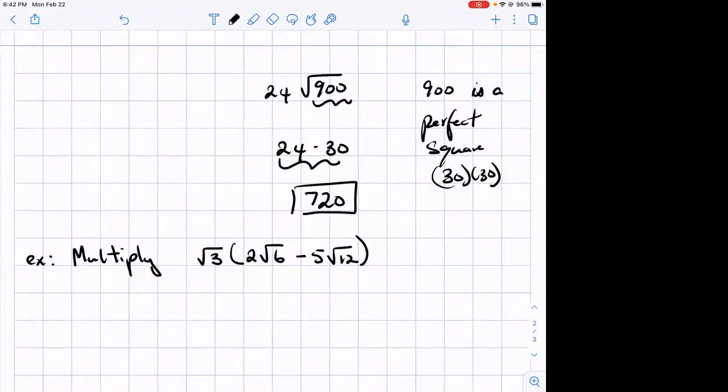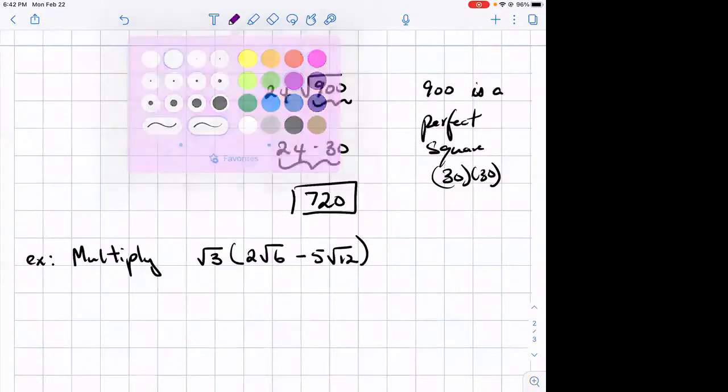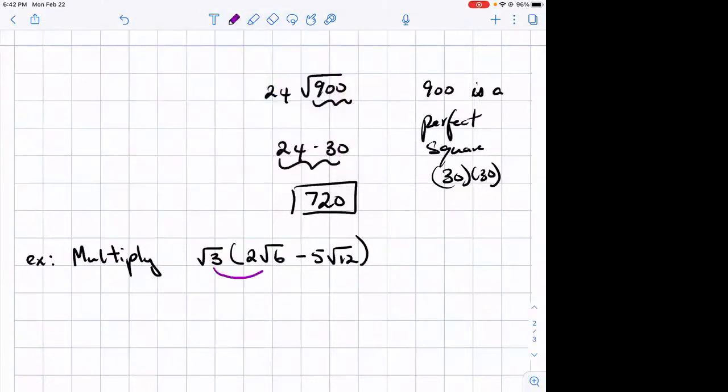We can always use the distributive property. We distribute this times this, and then this times that.